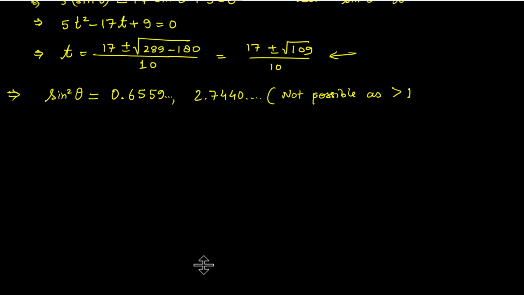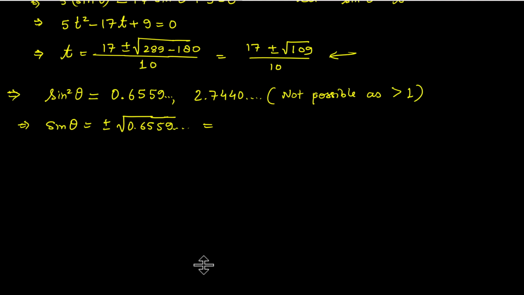It is not possible as more than 1, so we can say from here sine theta is going to be plus minus square root of the remaining value, which is 0.6559 and so on. I'm going to use the calculator, and it is better to get a better approximation.